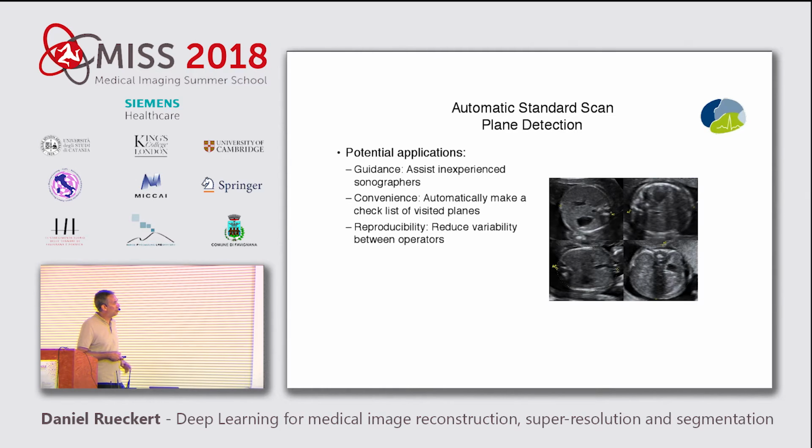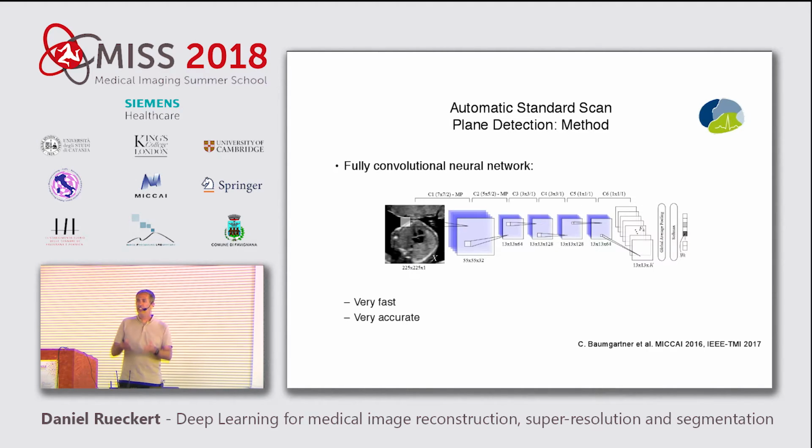I'm not going to talk too much through the applications, but of course, with all the things we have learned, you know that this is effectively something very similar to ImageNet. I have a large number of classes, and I want to classify every input image. So we have a neural network architecture, which is quite simple.